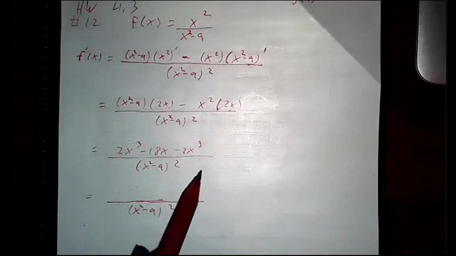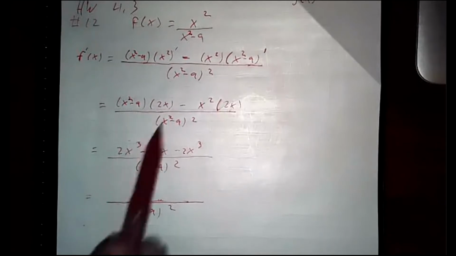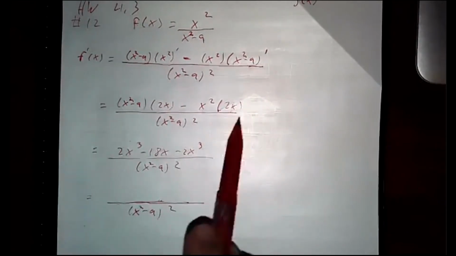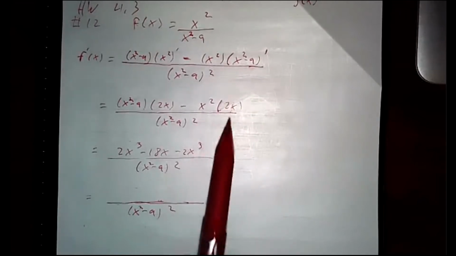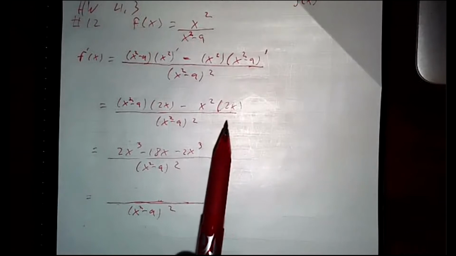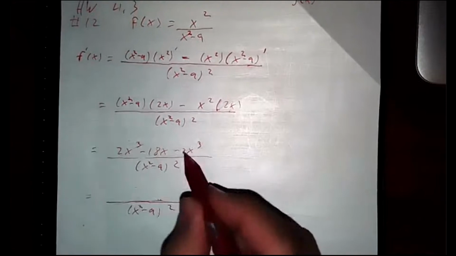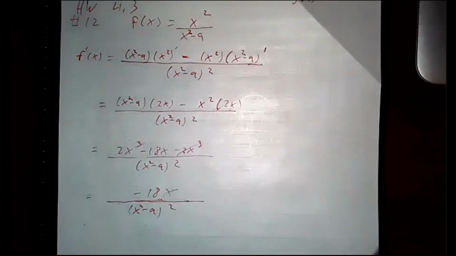Is that right? Derivative of this is this, times that. Yeah, that's right. So these will cancel, leaving me with negative 18x. That's a little prettier, I guess.